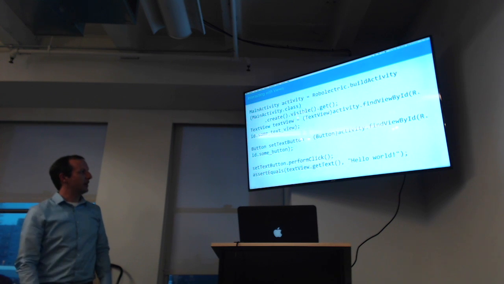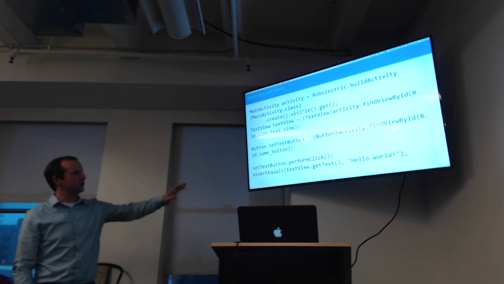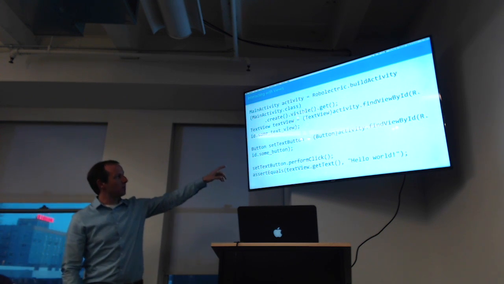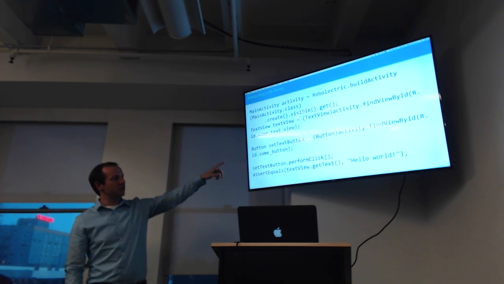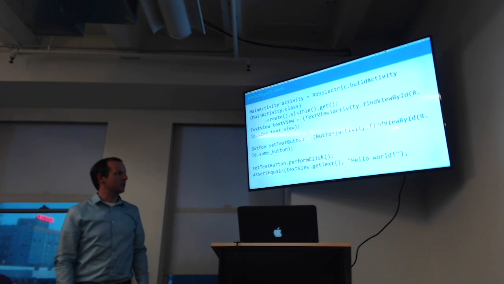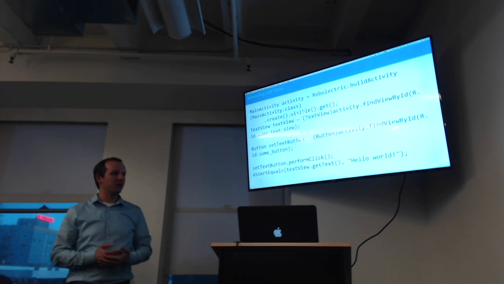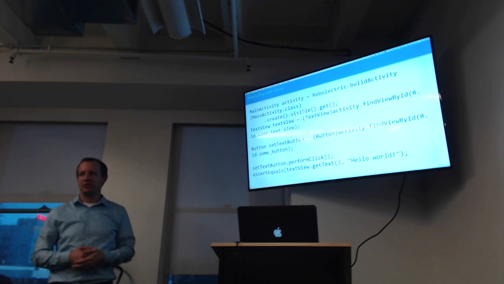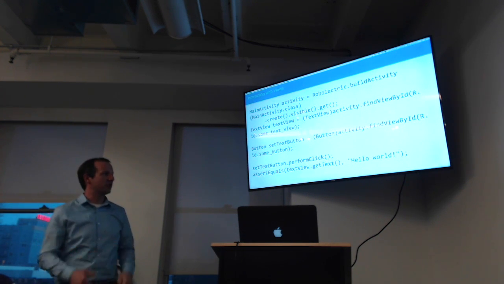Let's say we want to manipulate a text view and a button. We can make these calls within the unit test, which normally would fail, but now we have our shadow classes working behind the scenes, providing basic implementation for what Android normally does.